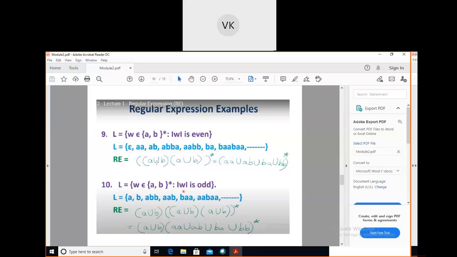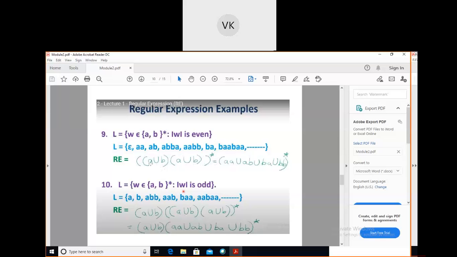(A or B) concatenated with one more (A or B), whole raised to star. This is going to satisfy the given condition of the language here.